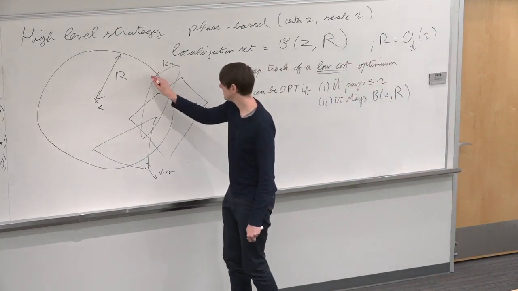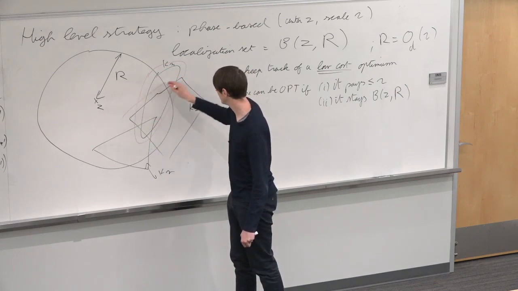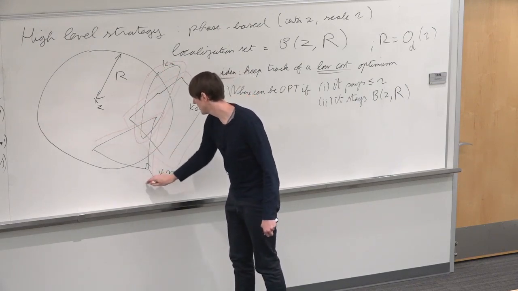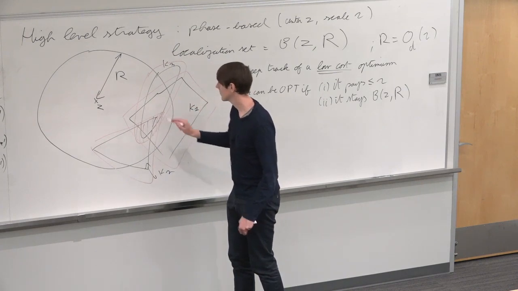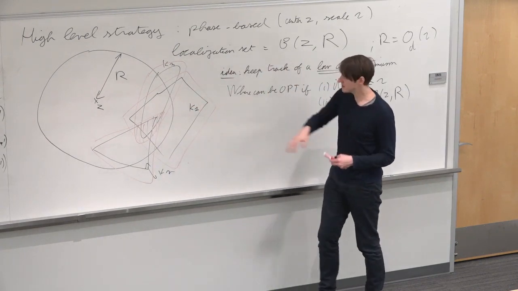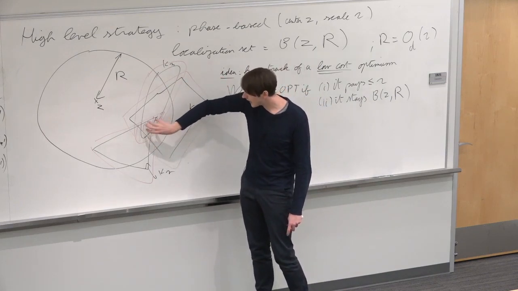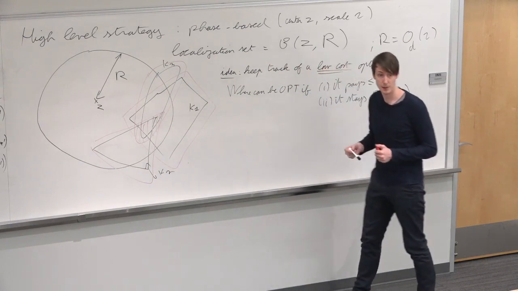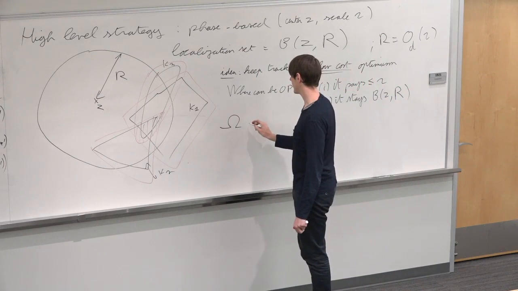So I can just inflate my constraints like this, a little bit, and I know now that you have to be in the intersection. If opt is staying in B(Z, R), and it's moving less than little r, then it has to be in this set. It cannot be anywhere else. So let me denote by omega the tracking set.